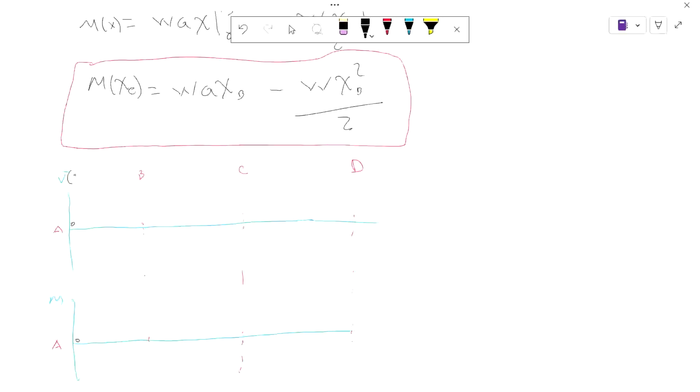This is in whatever units we have, newtons or pounds. This is whatever newton meters we have, or pound force feet, whatever units they give you.